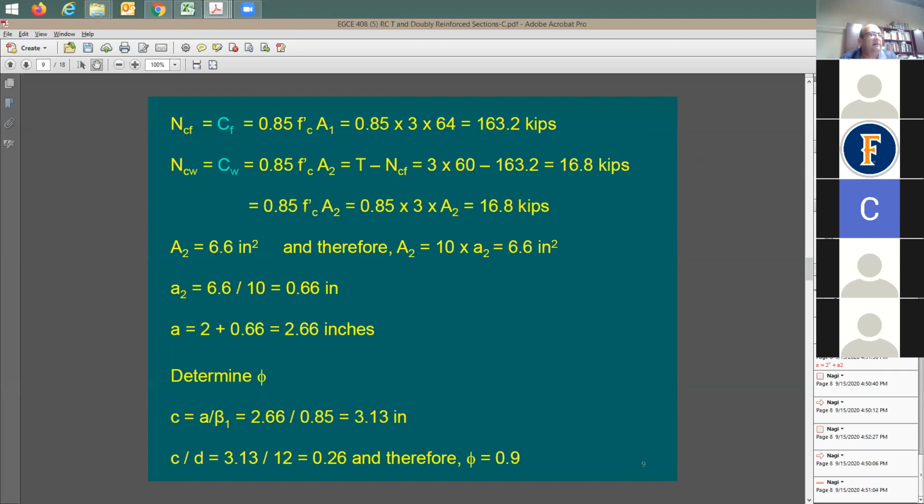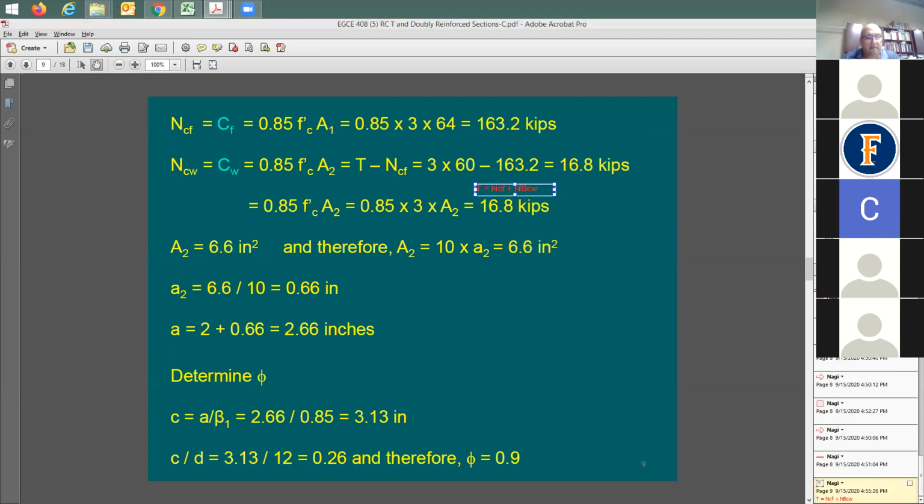I understand that T equals NCF plus NCW. This makes sense? Yes? No? Can you make that a little bigger?